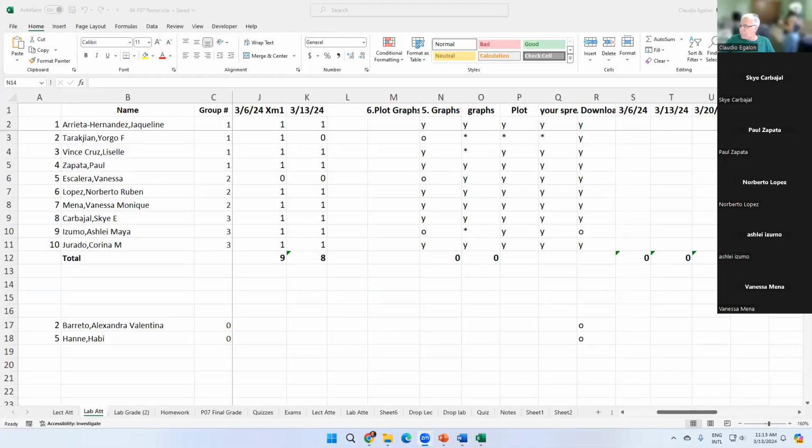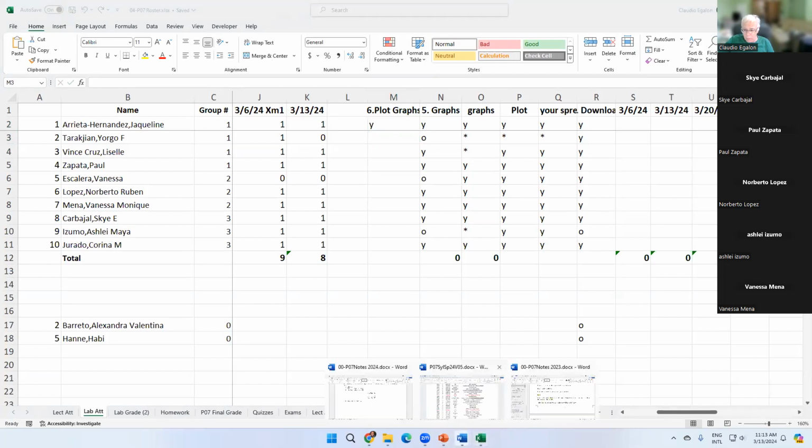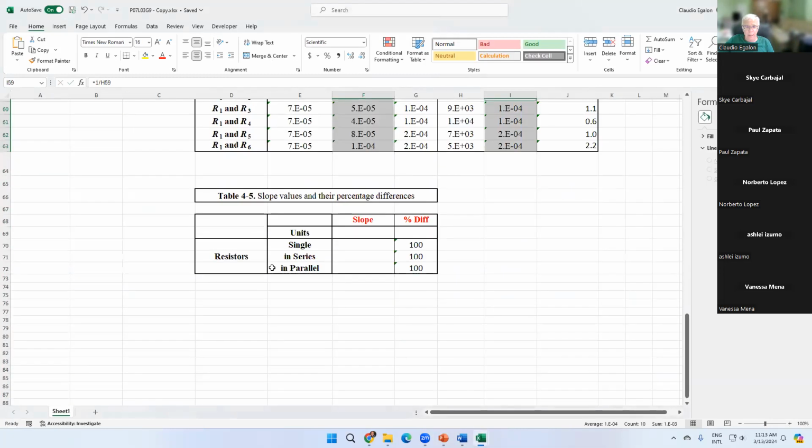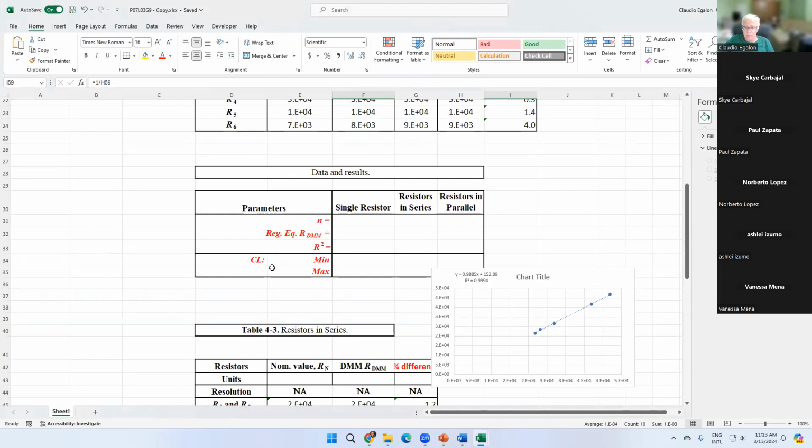I am back. Okay, so let's see how Jacqueline is doing. Hi, Jacqueline. Did you manage to plot the graphs? 1, 2, 3 graphs that you should all plot. Okay, good. So once you plot the graphs, you fill up this part of the table.